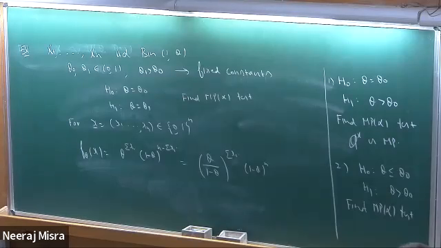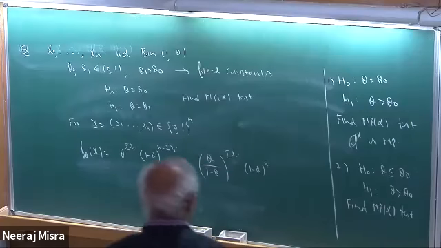Now type 1 error depends on which point in H naught you have chosen. So yes, you're right. The same test would be MP alpha provided the level alpha is satisfied. That means E theta phi star x should be less than or equal to alpha for every theta less than or equal to theta naught. This is equivalent to saying whether the supremum over theta less than or equal to theta naught of E theta phi x is attained at theta equal to theta naught or not, because in that case you know that it is exactly alpha.